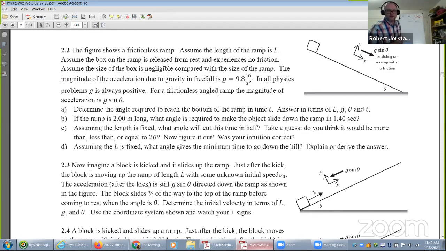Just still reading, still reading. Okay.